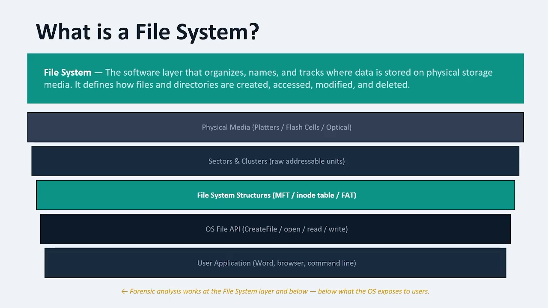So forensics analysis works at that file system layer and below: the sectors and clusters and physical media. There is a big section of digital forensics which is recovering the physical magnetic fields from a disk or trying to access the physical storage that was on there without having to go through a file system.